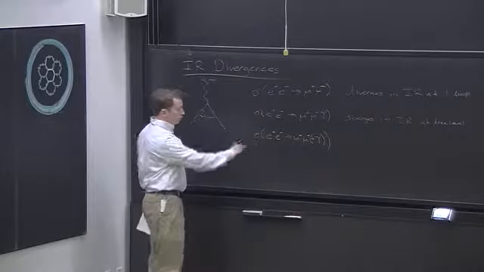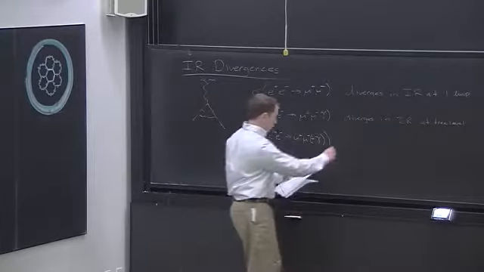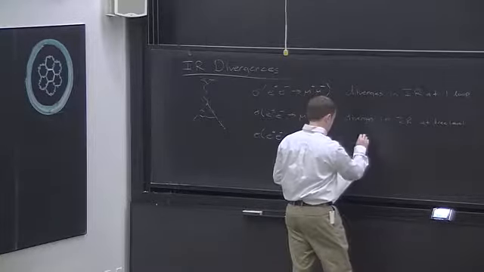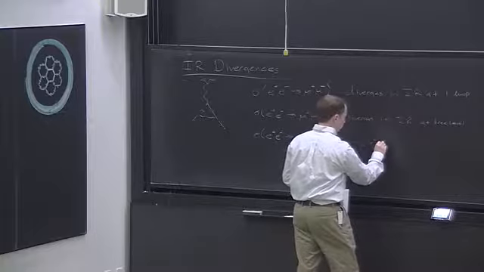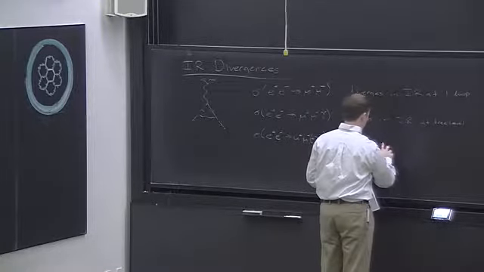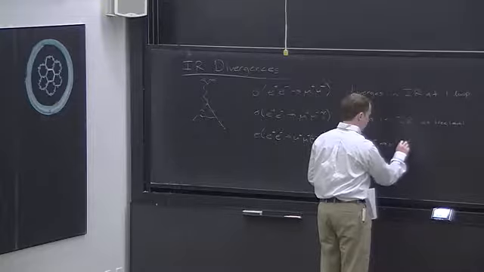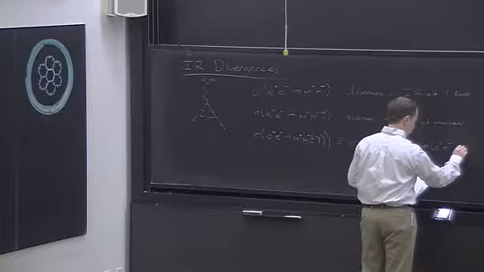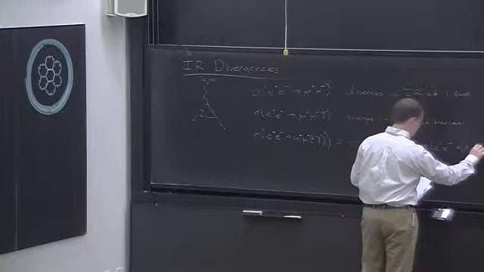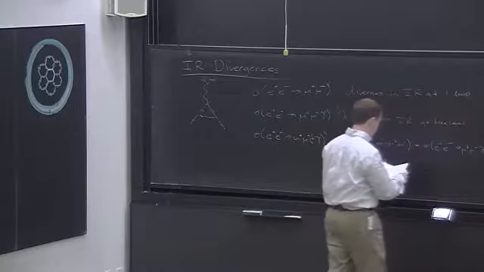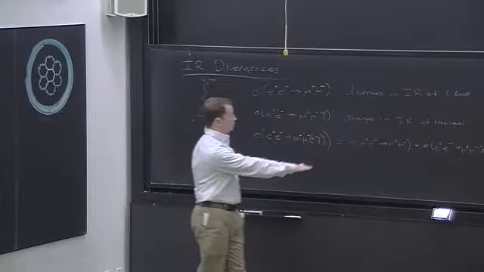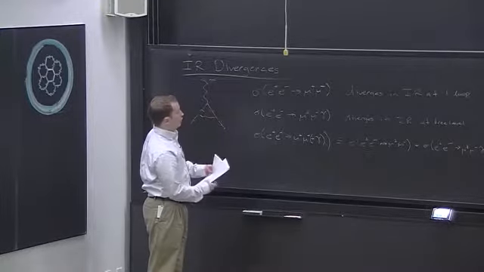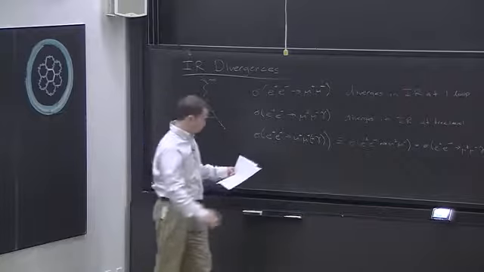Okay, so only this cross-section, which is just the sum of these two cross-sections, is finite at order alpha cubed.